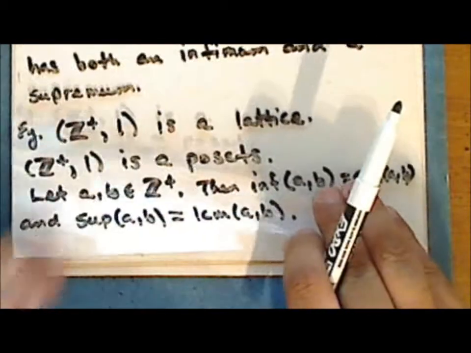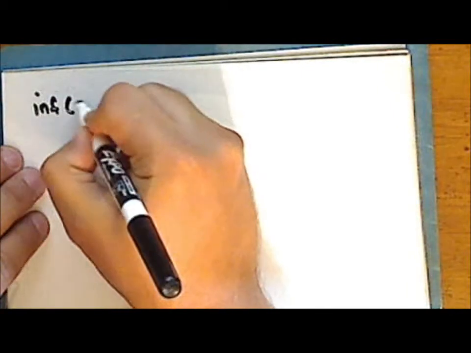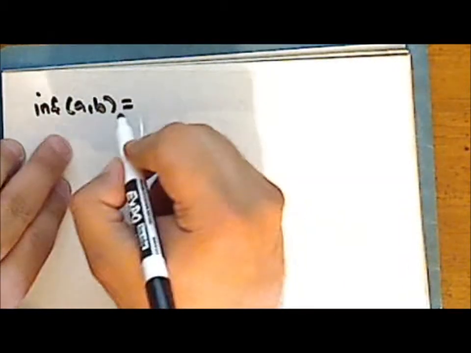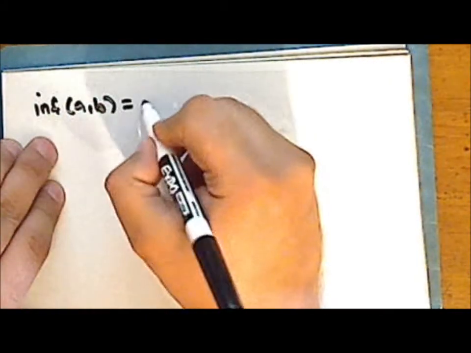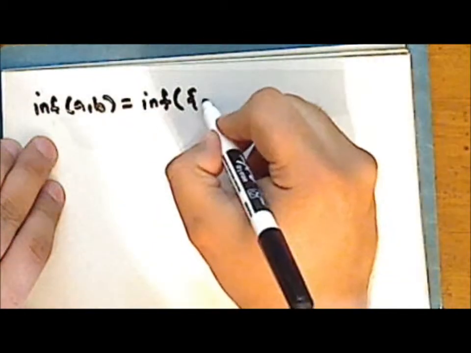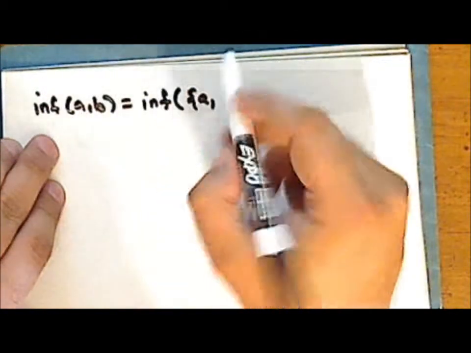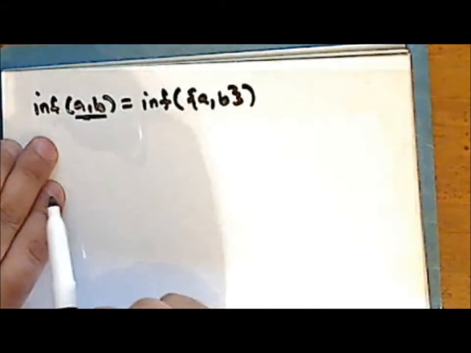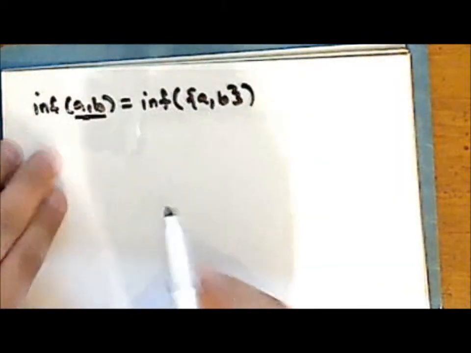Now, one thing to point out convention-wise, I wrote that the infimum of the elements A and B was the greatest common divisor, but to be more technical, this should be the infimum of the set consisting of the elements A and B. But by convention, we simply write the two elements.